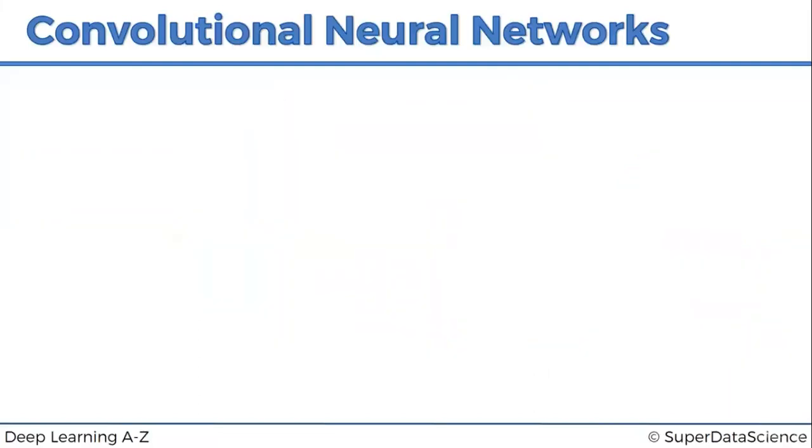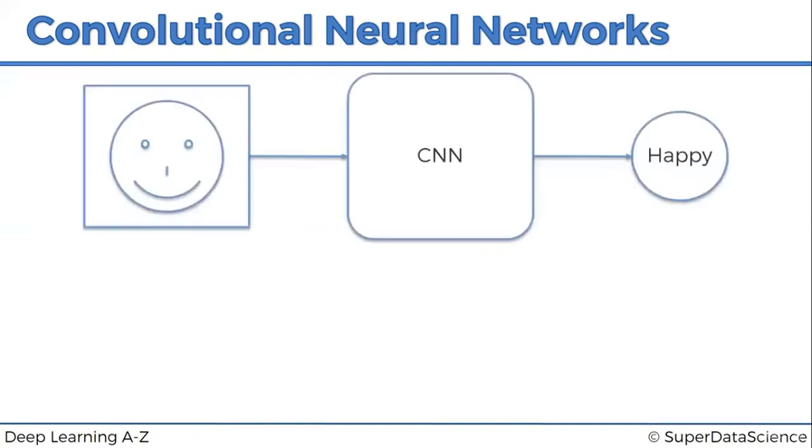Now, going into a bit more detail, after a neural network has been trained on images that have been categorized prior, let's say a neural network has been trained to recognize facial expressions, emotions. You can give it a face of a smiling person.